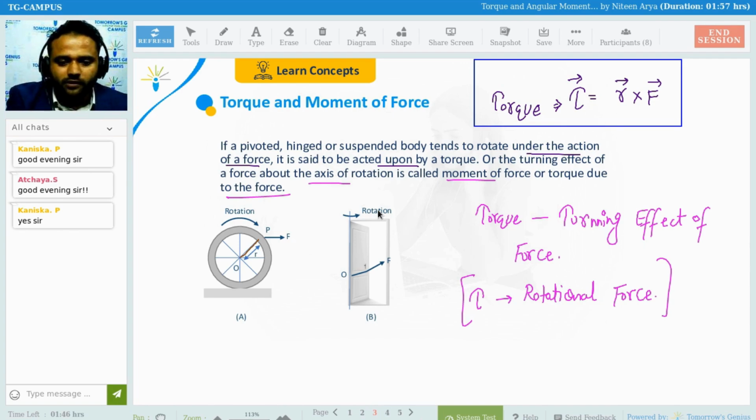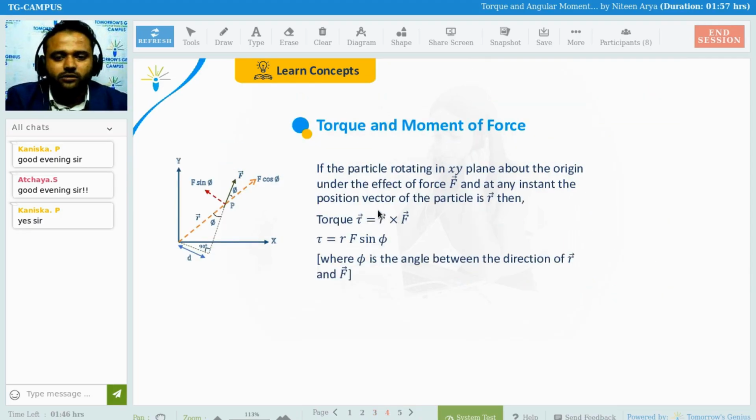Okay, moving ahead, these are basically the two examples. As you can see, rotation in a wheel or rotation in a door. So now the formula or mathematical expression of a torque and moment of force. If the particle is rotating in an xy plane, as you can see, this is going to be the particle P about the origin under the effect of force.